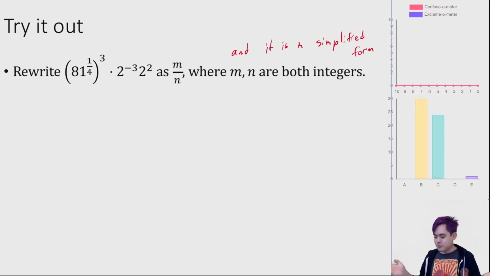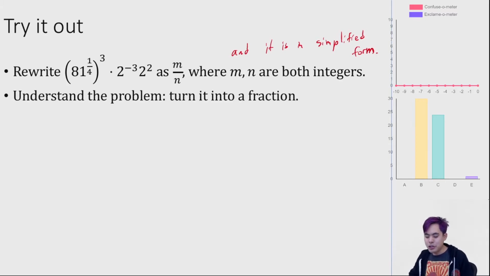Okay, so what's the problem here? What are we trying to do? Well, m and n are both integers, so really what I want is to turn this thing into a fraction, a simplified fraction. Then you have to design a strategy. What kind of operations will we have to do for this kind of problem?